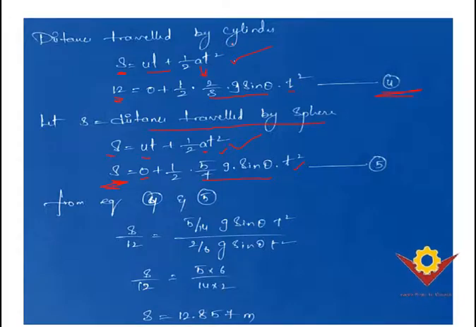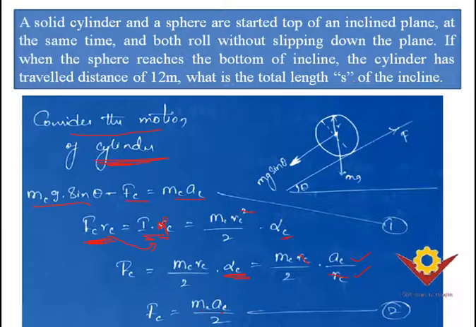See the question here: when the sphere reaches the bottom of the incline, the cylinder has traveled a distance of 12 meters. So what is the total length s? For the cylinder, the distance is given as 12 meters. But when the sphere reaches the bottom of the incline, we don't know the distance, so that distance for the sphere is what we require. We'll find it from equations 4 and 5.